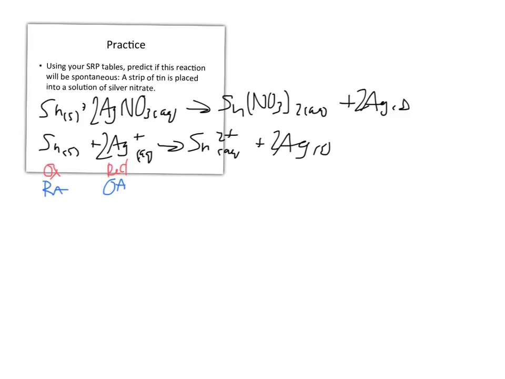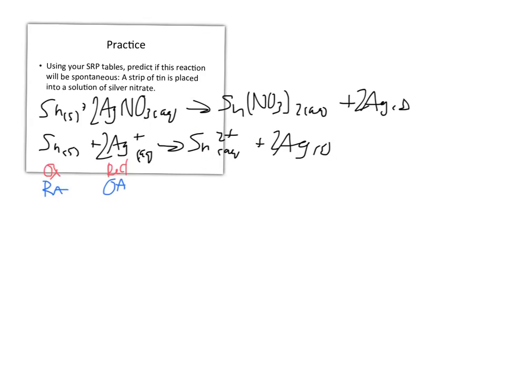All right, welcome back. What we have here is the complete molecular formula between tin and silver nitrate. So what we saw is that we created this net ionic equation. We have tin plus 2 Ag plus, giving Sn2 plus and 2 Ag.